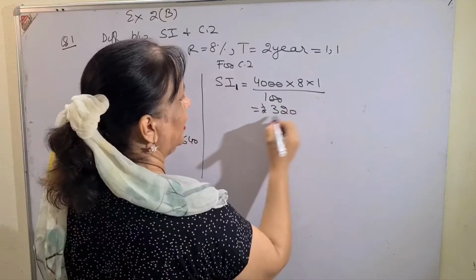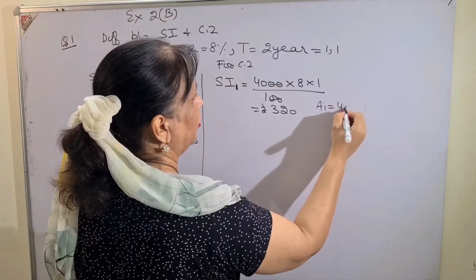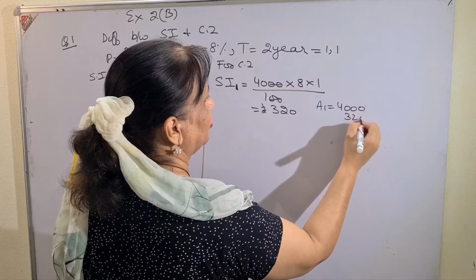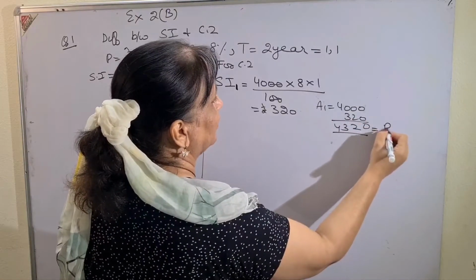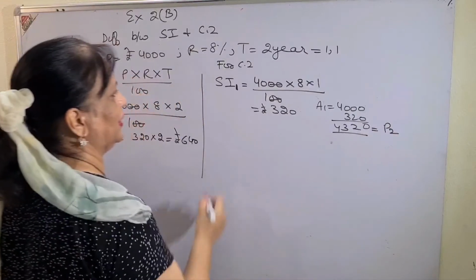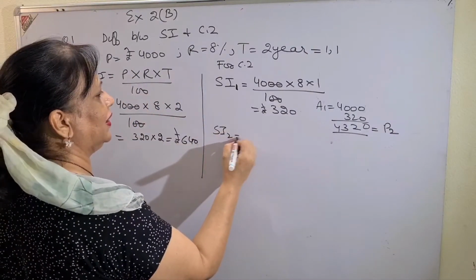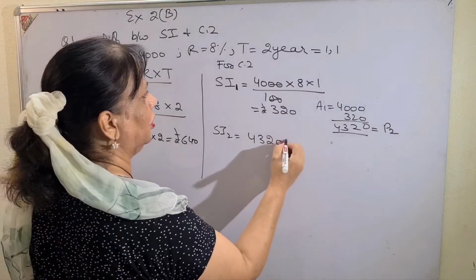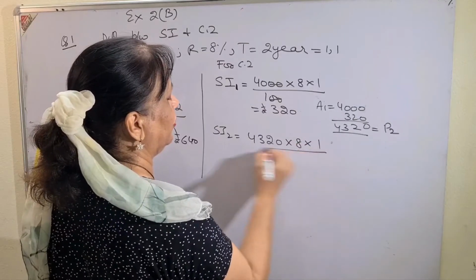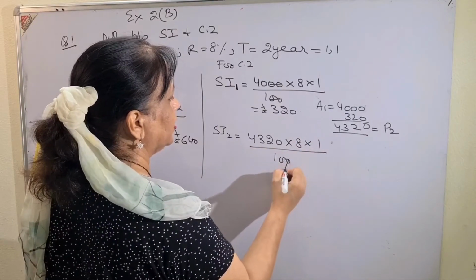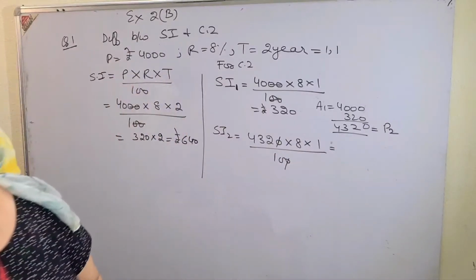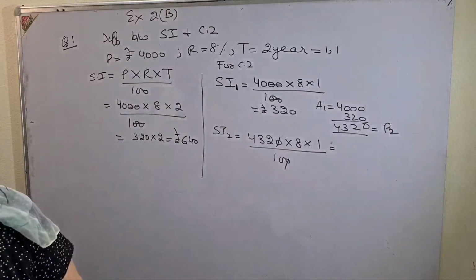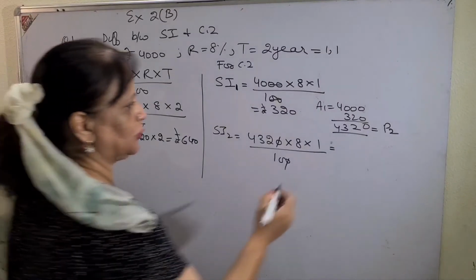Talking about money, then A1 will be 4,000 plus 320, that is 4,320. Amount for the first year will become principal for the second year. Same method, 4,320 into 8 into 1 upon 100 again. So you calculate it, do all the calculations in the rough column. You will get 345.6.